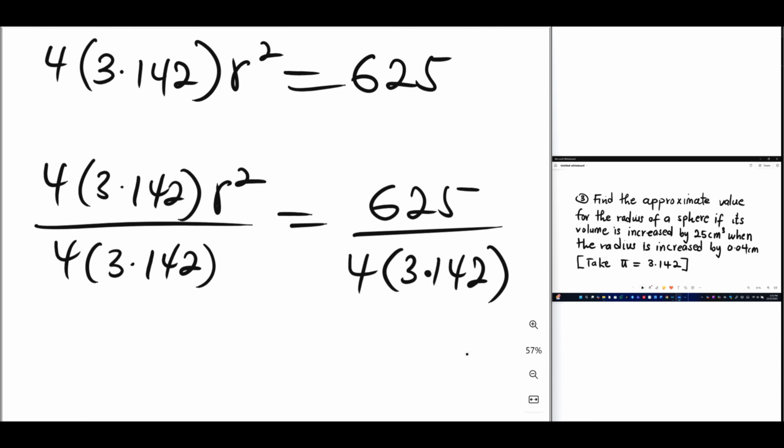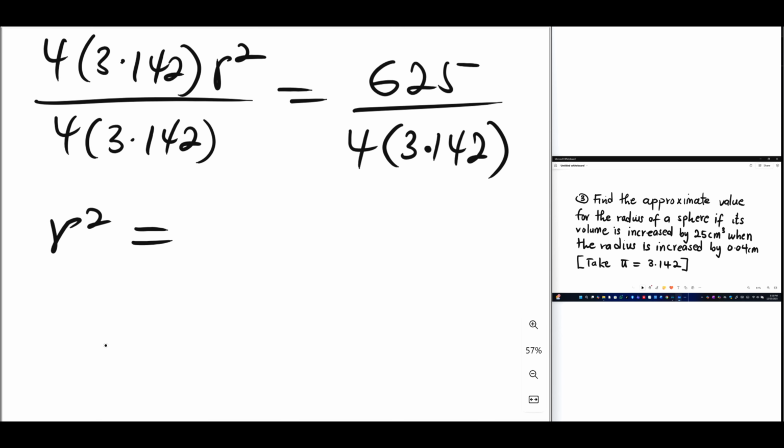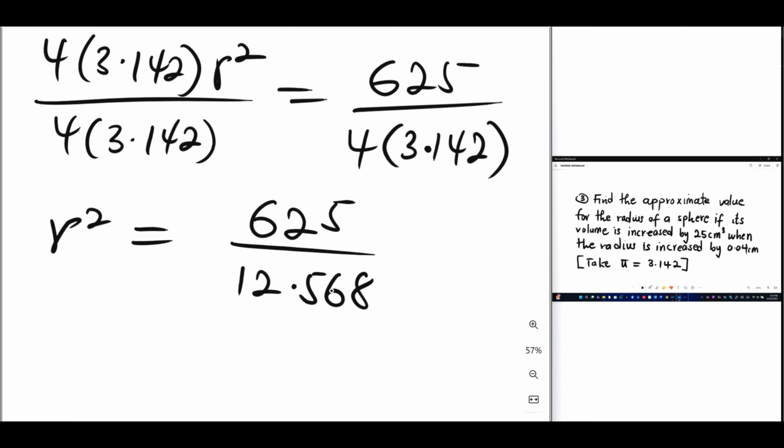So r squared is equal to 625 divided by 4 times 3.142. 4 times 3.142 gives us 12.568.